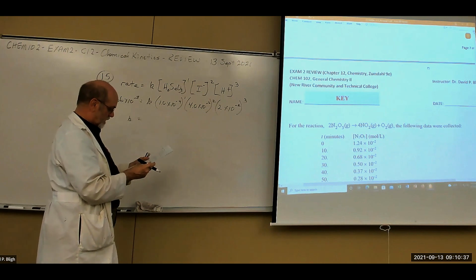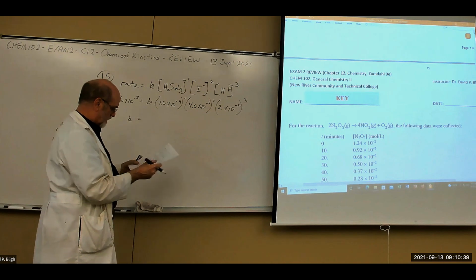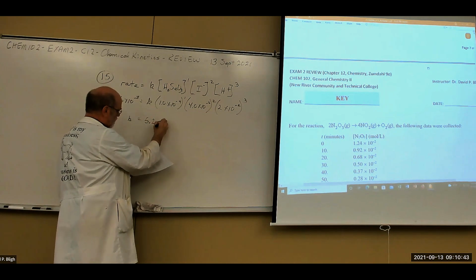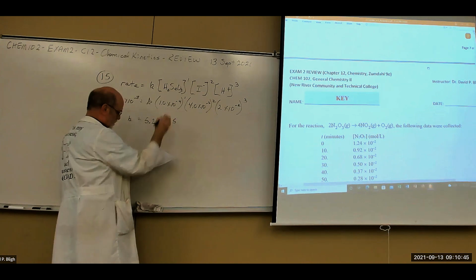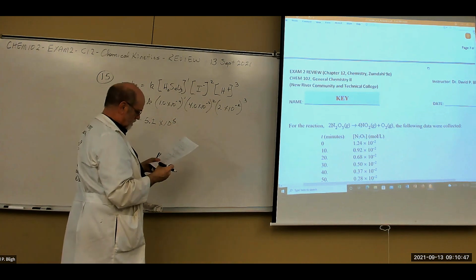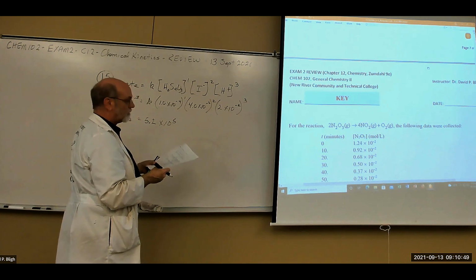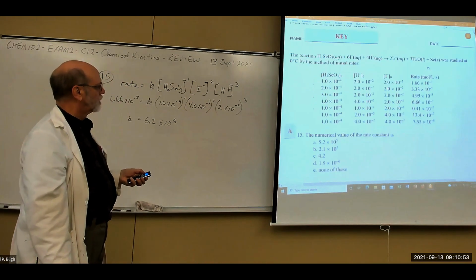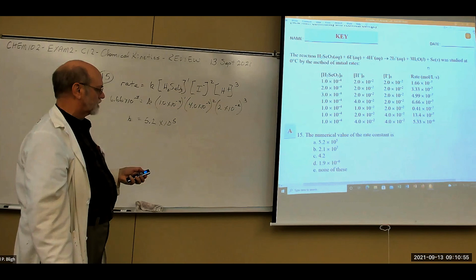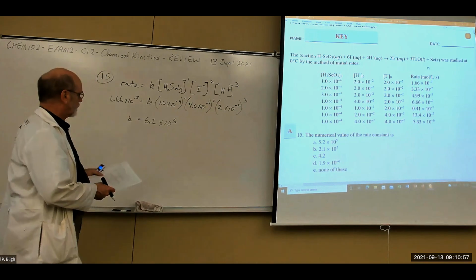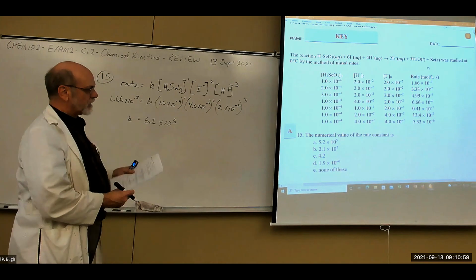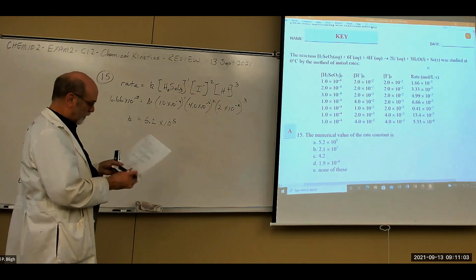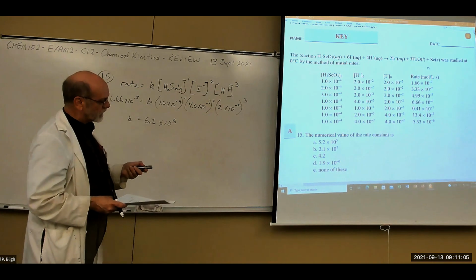And if I did that right, the K should be 5.2 times 10 to the 5th. I'm sorry, I scrolled accidentally. There we go. Now the units of measure, well, I put them in this document, but you don't need to here.